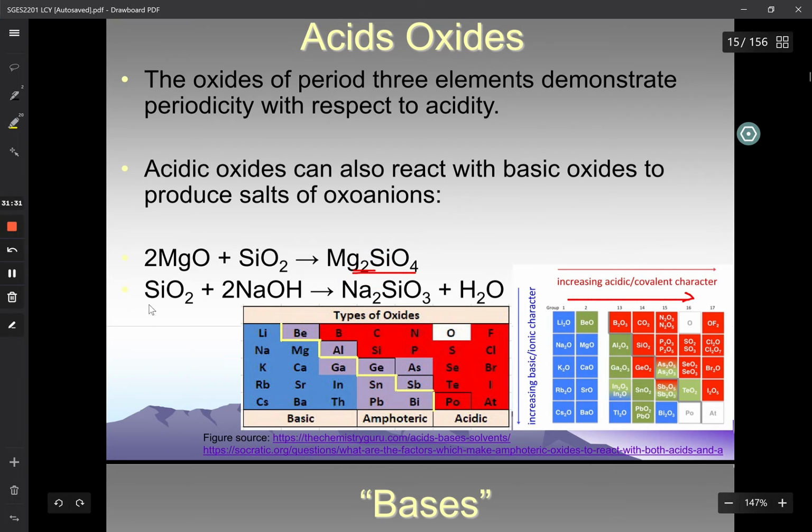And then when you have these acidic minerals reacting with NaOH, which is basic, or the base, you produce salt plus water.